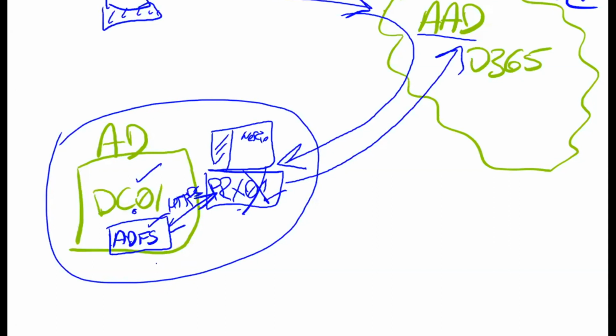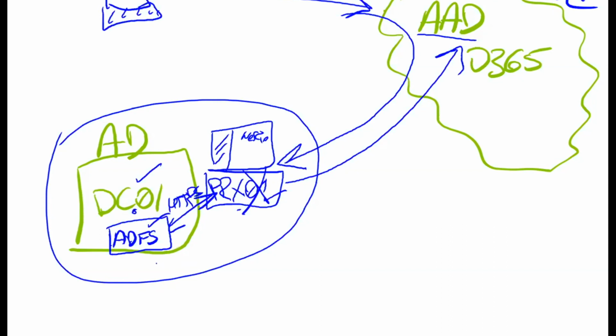But if it's down long enough, I don't know exactly what the expiry time is, but that token will expire, and then the users will not be able to get into their email until they're able to be authenticated again.